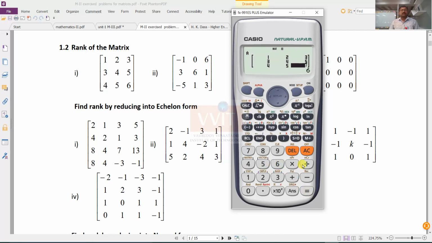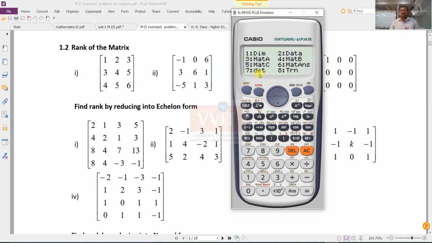Now I need to find its determinant. For that, shift 4, matrix, data, dimension. Already I have this in matrix mode. So shift 4 again.